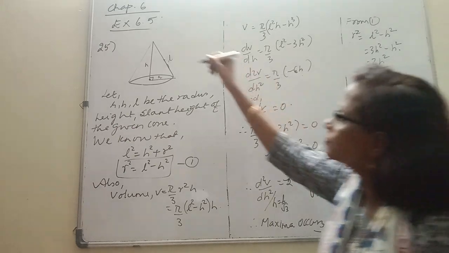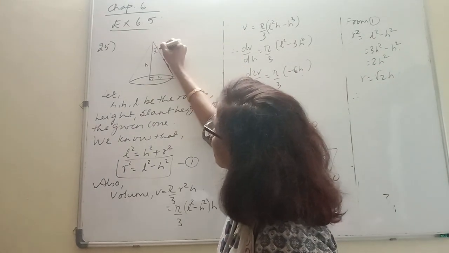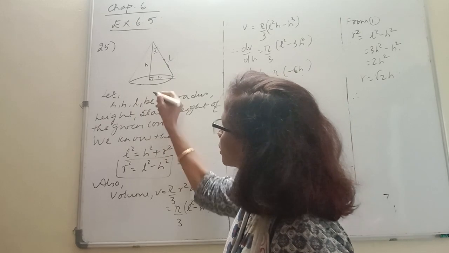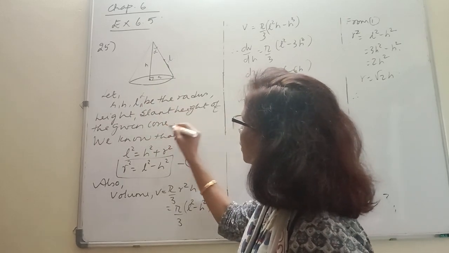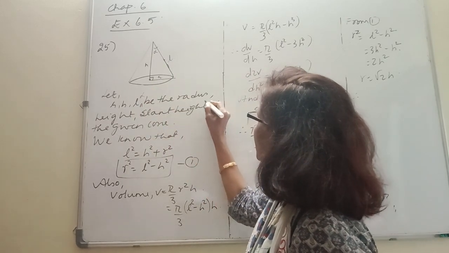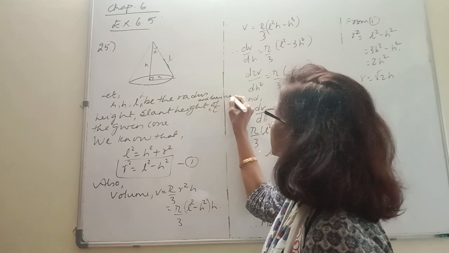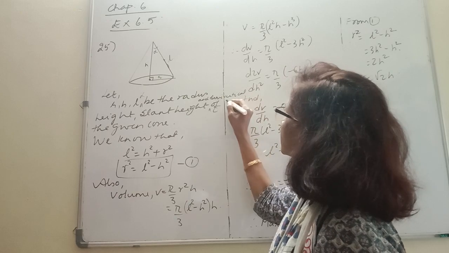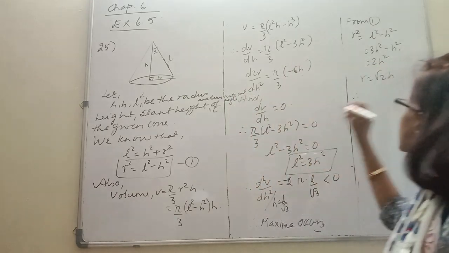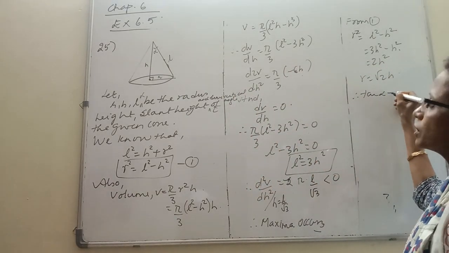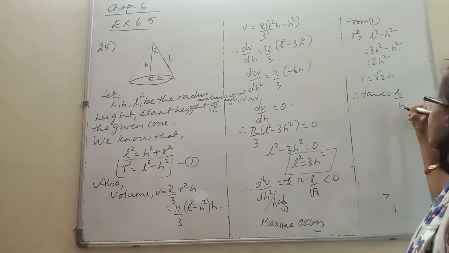Now, let this be your semi-vertical angle alpha, so let's mark alpha, the slant height and the semi-vertical angle. Therefore tan alpha, we know, is going to be r over h.